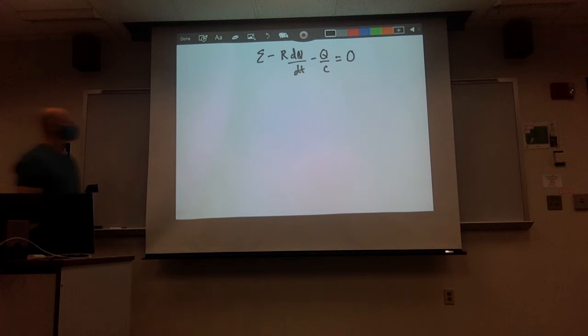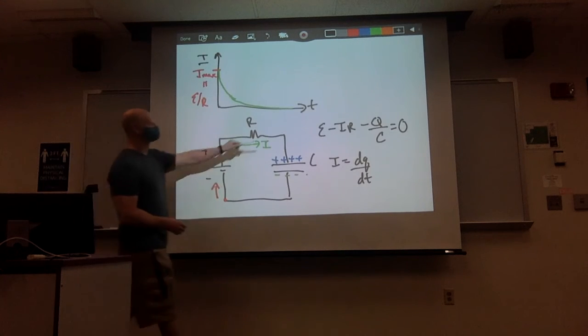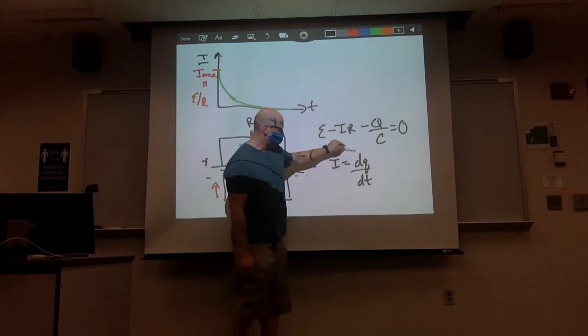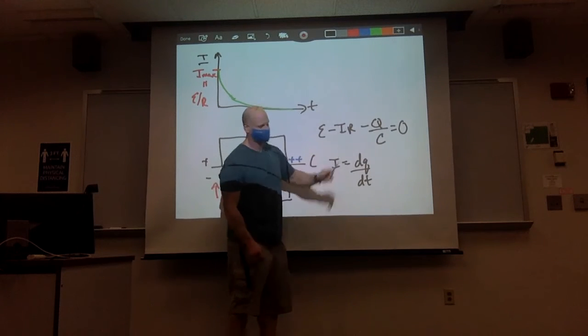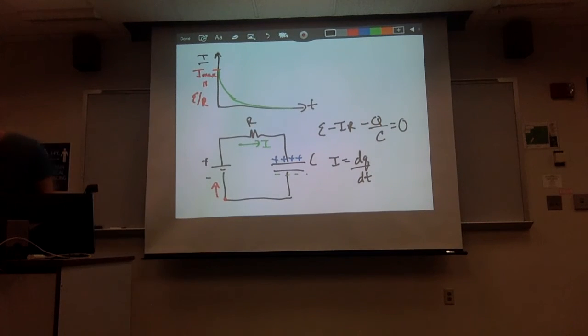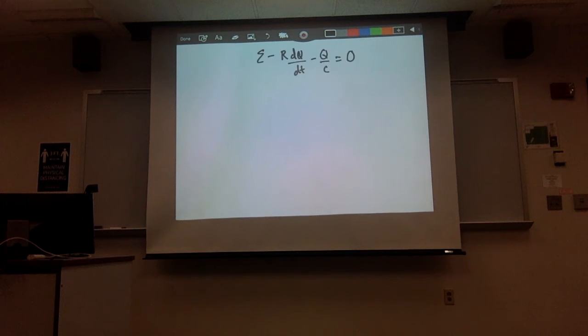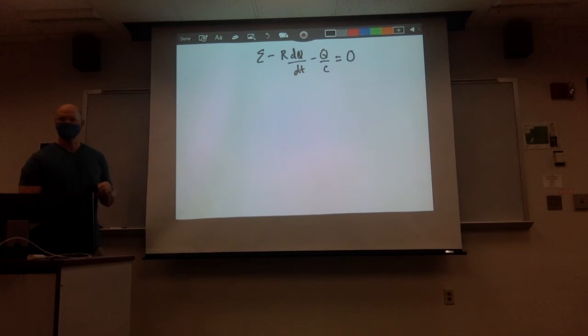So I've gone from an algebraic expression, by realizing that this is actually the derivative of the charge, to what's known as a first order differential equation, something we've seen before. This is now a derivative, which means to find the charge, we're going to have to do an integral. Okay with this? Sounds good.